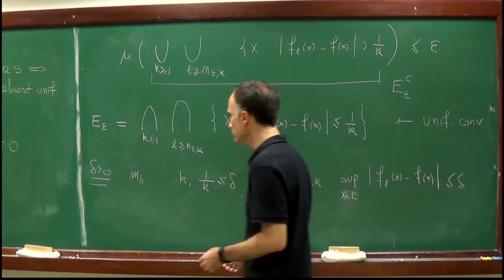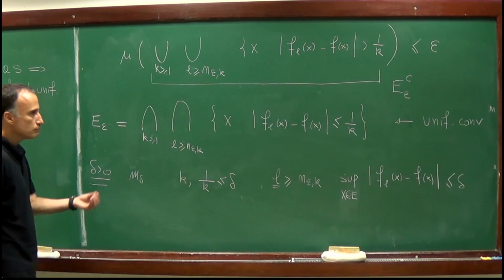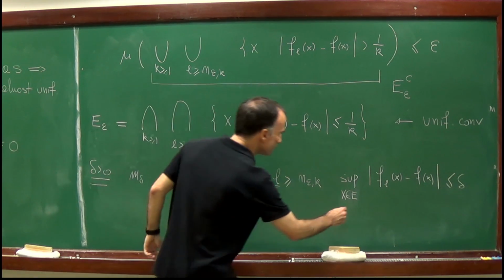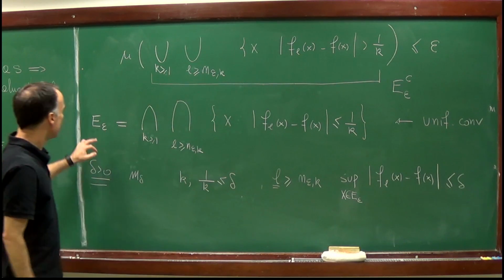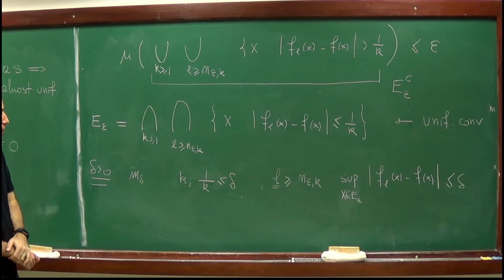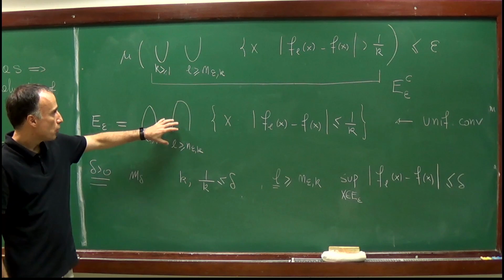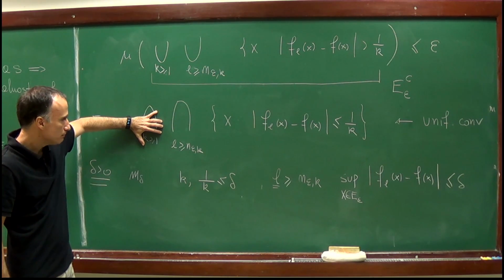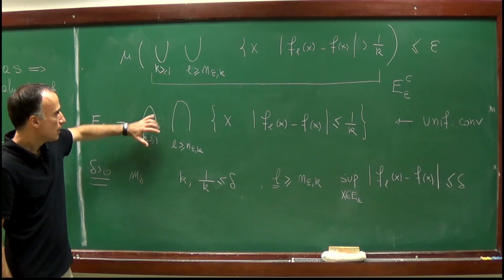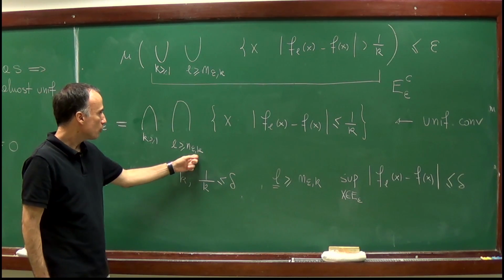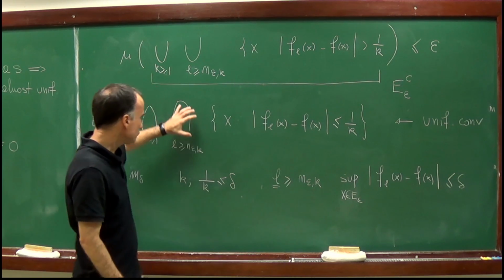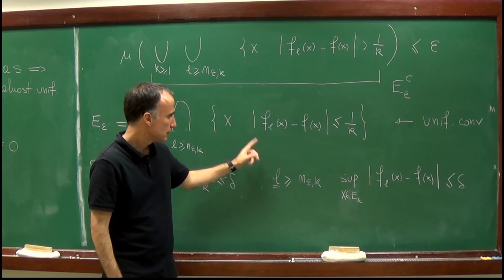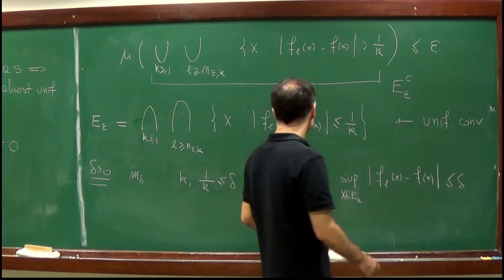Okay, why is this true? Well, take a point x in E epsilon. So it belongs to all this intersection. So it belongs to this set for all k. Since it belongs to this set for all k, it belongs to this set for all L larger than n epsilon k.